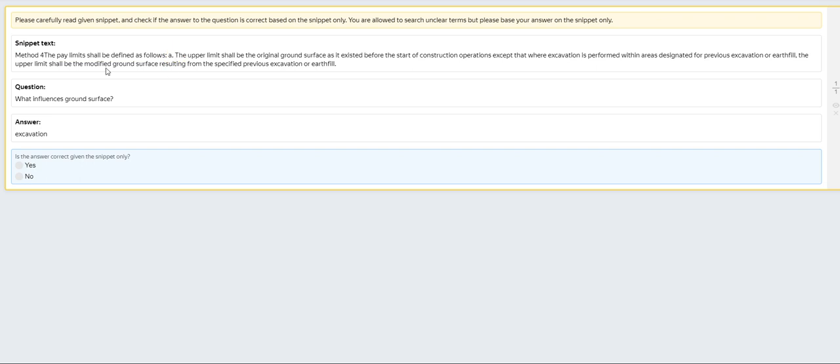So, the snippet is: Method 4. The pay limits shall be defined as follows. The upper limit shall be the original ground surface as it existed before the start of construction operations, except that where excavation is performed within areas designated for previous excavation or earth fill, the upper limit shall be the modified ground surface resulting from the specified previous excavation or earth fill.